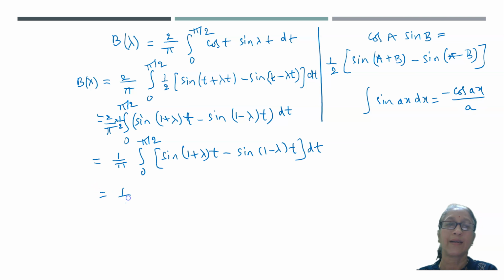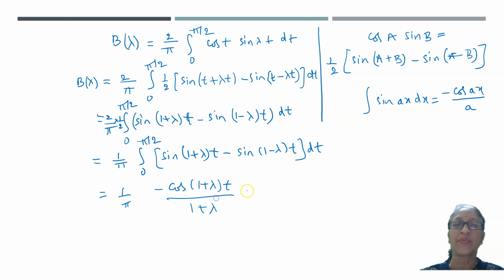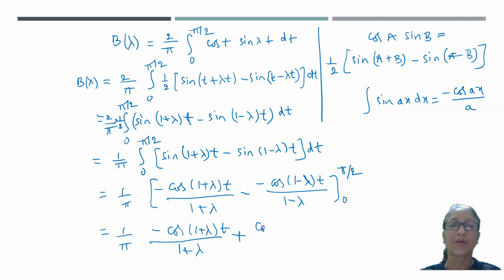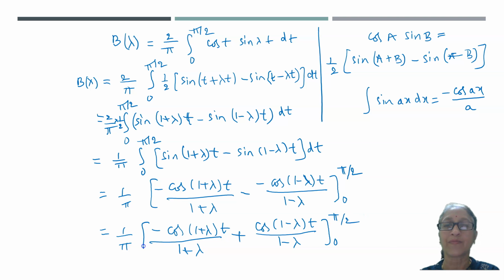So here we get 1 by pi into minus cos (1 plus lambda) t upon (1 plus lambda) minus of minus cos (1 minus lambda) t by (1 minus lambda) under the limits 0 to pi by 2, which is equal to 1 by pi, minus cos (1 plus lambda) t by (1 plus lambda) plus cos (1 minus lambda) t by (1 minus lambda) under the limits 0 to pi by 2.